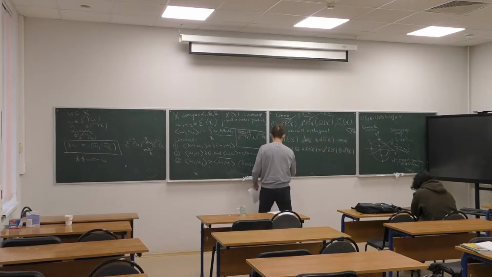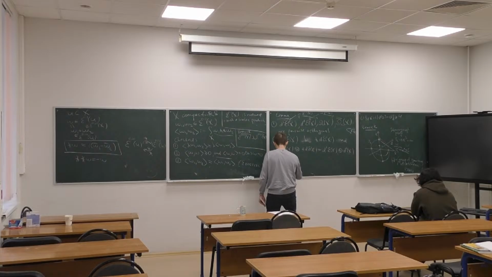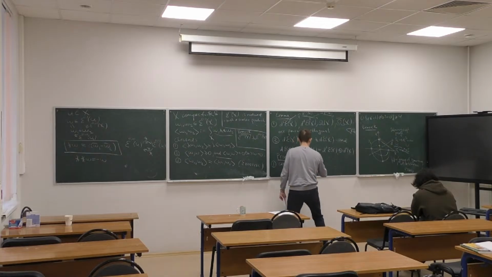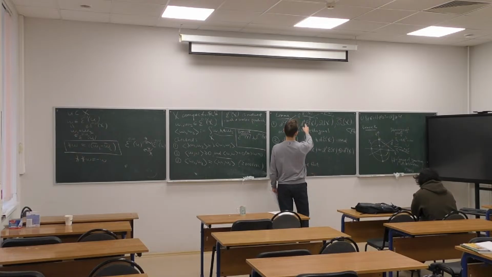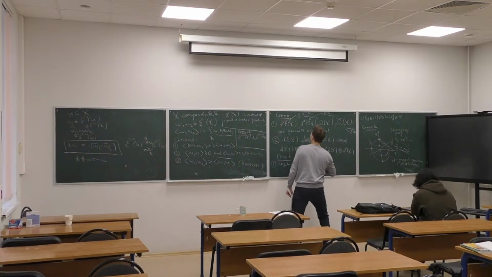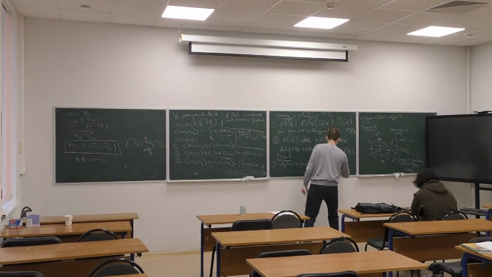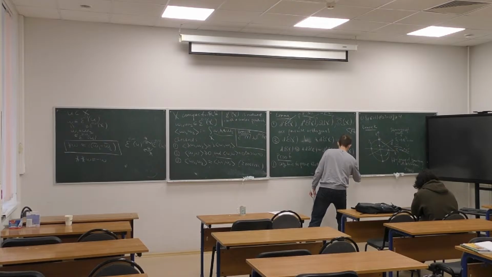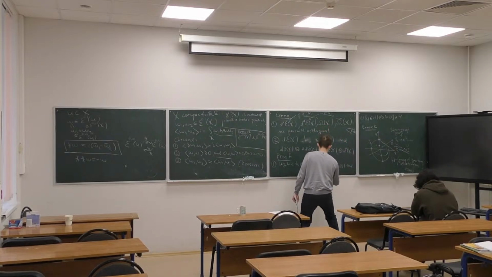So for number 1, we only have to prove that d prime of e x is orthogonal to omega x.